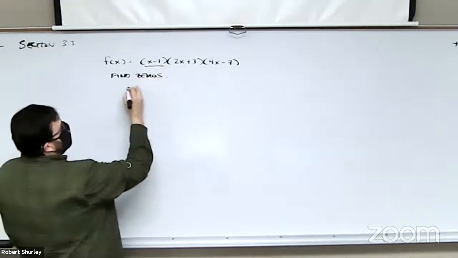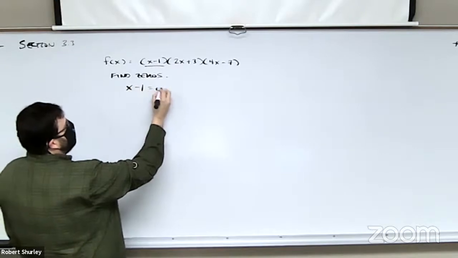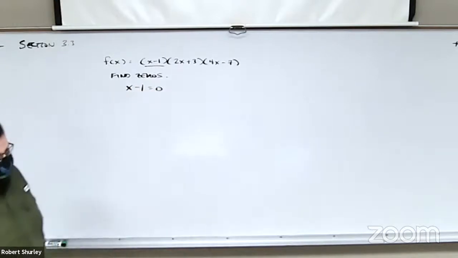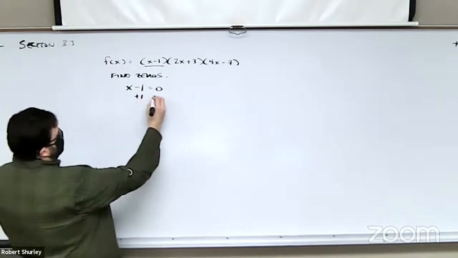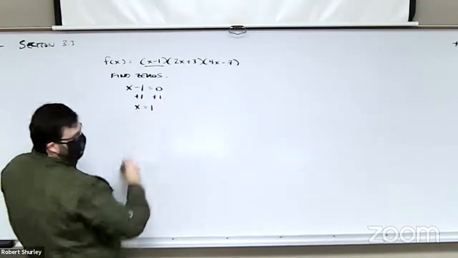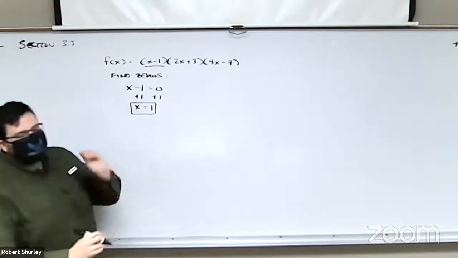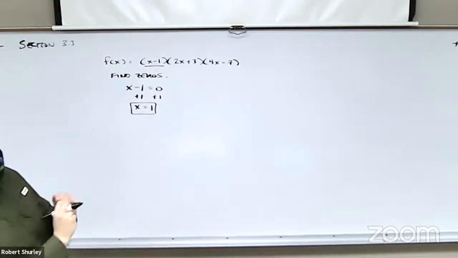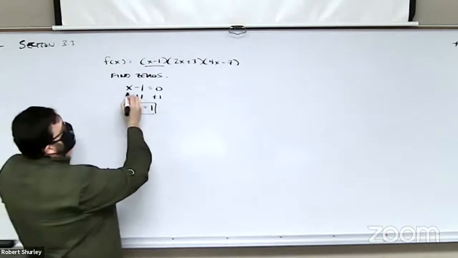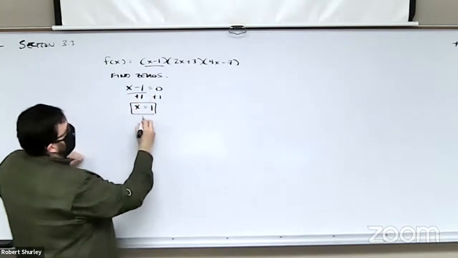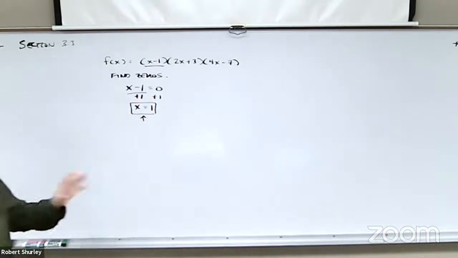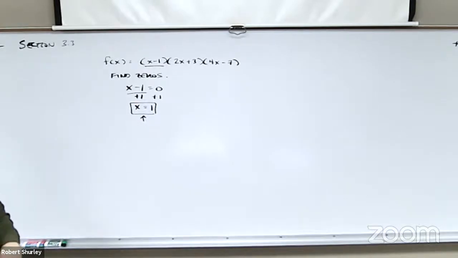From the first one, x minus 1, if that's the factor, we just move the 1 over. This isn't crazy. I'm not trying to trick you. x equals 1. For what we're about to do to work, I need you to get that: if we have x minus 1 as the factor, x equals 1 is the zero.